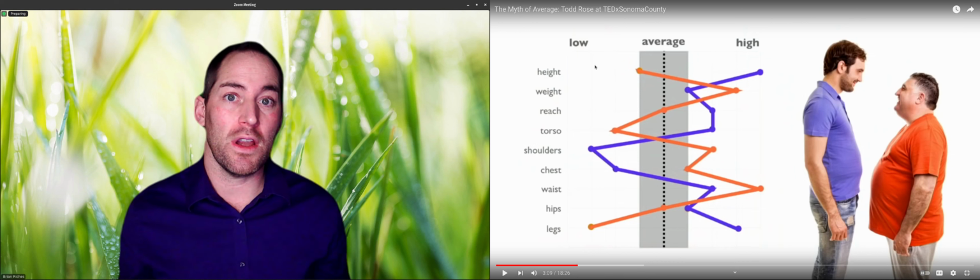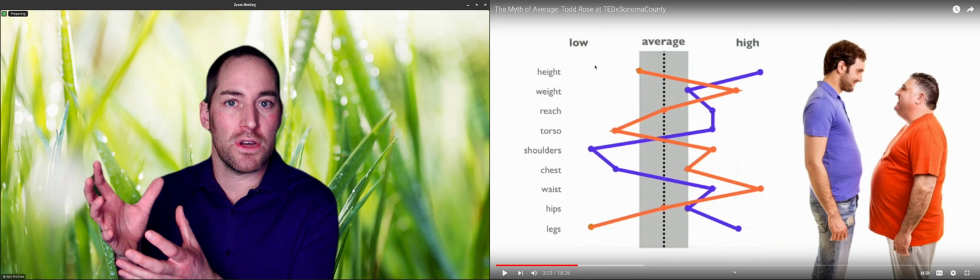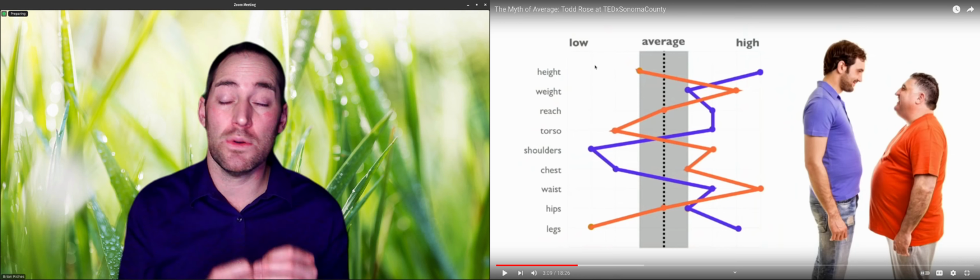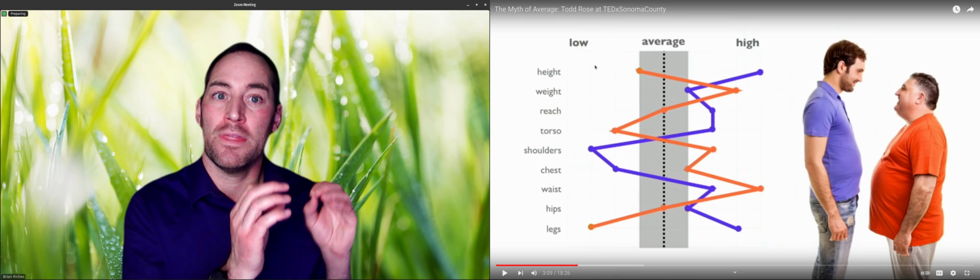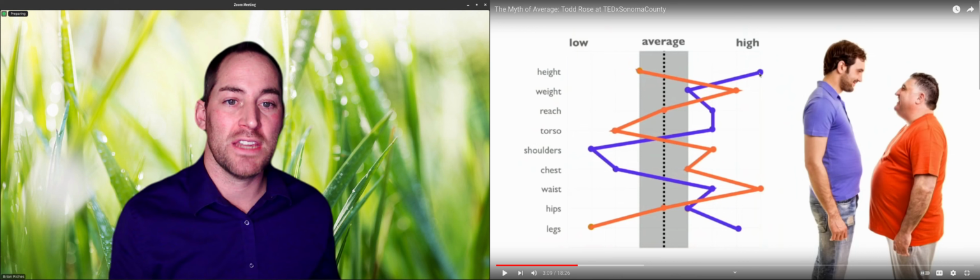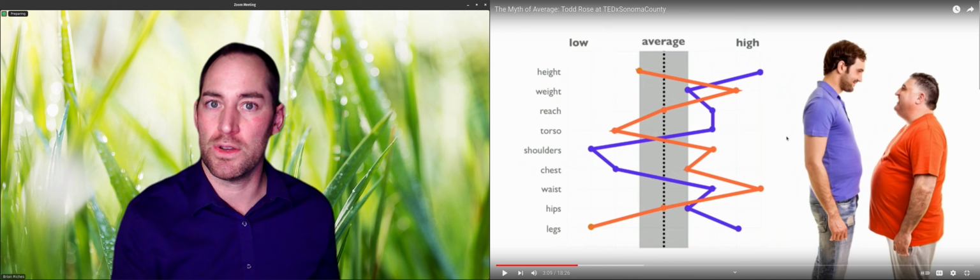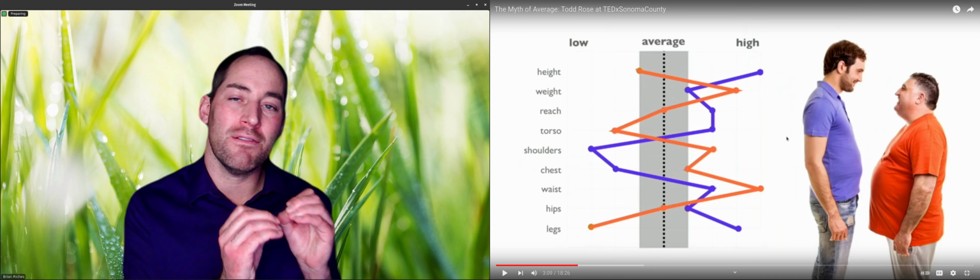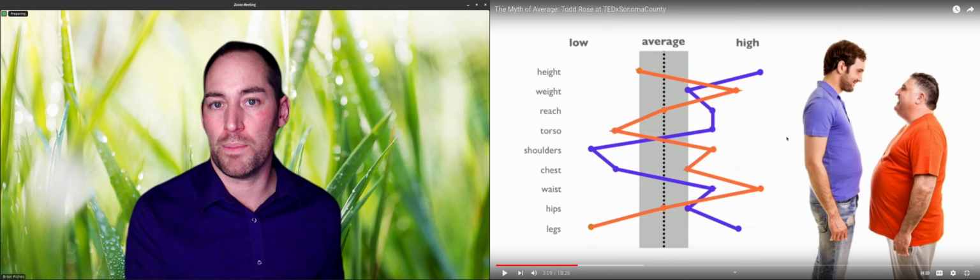If you know all those variables, putting them into your interaction equation, doing regression equations, you can get a better prediction for this individual who has this height, this weight, this reach, this torso, this shoulders, this chest, and so forth, right? You can get more individualized predictions for individual people.